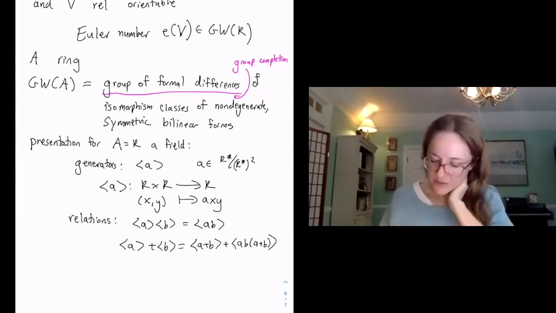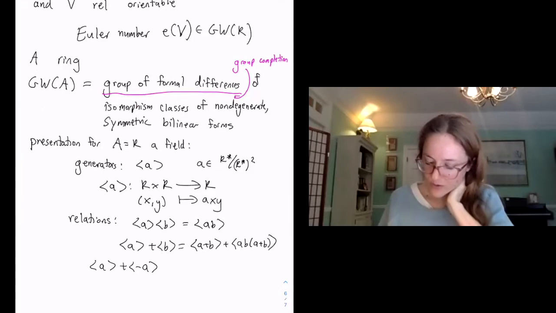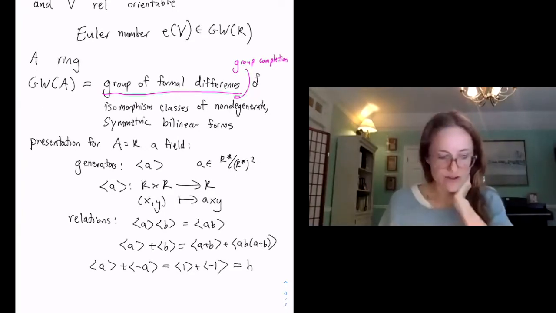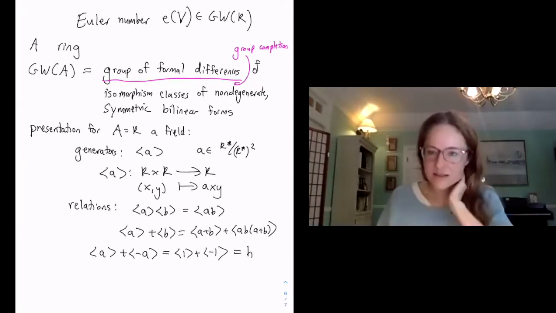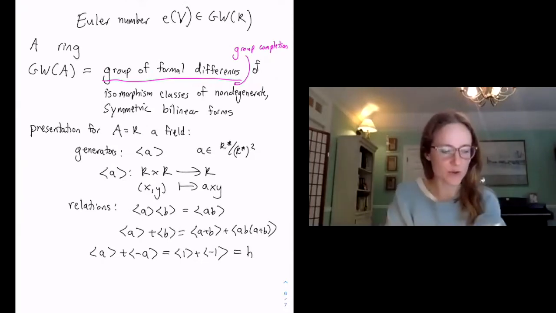And this implies that there are a bunch of ways to write a special form called the hyperbolic form: <A> plus <-A> is this hyperbolic form, H, equal to <1> plus <-1>. I'll give a whole bunch of explicit examples.